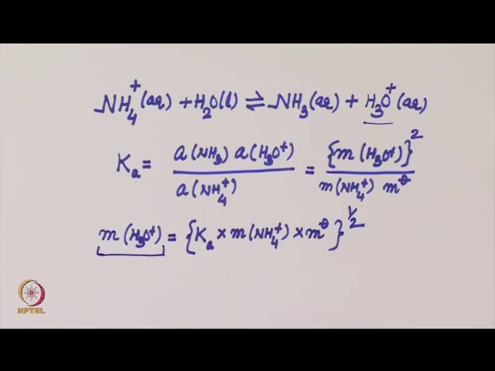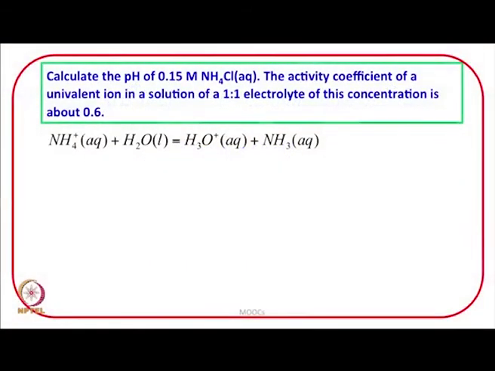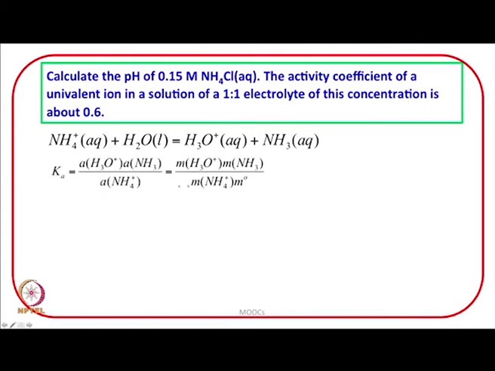Let us now take a look at the slide. We are talking about this reaction and the acidity is due to this H3O plus, and we just derived this expression, we wrote it in terms of molality, and then since we equated the molality of ammonia equal to H3O plus, we eventually came up with this expression.